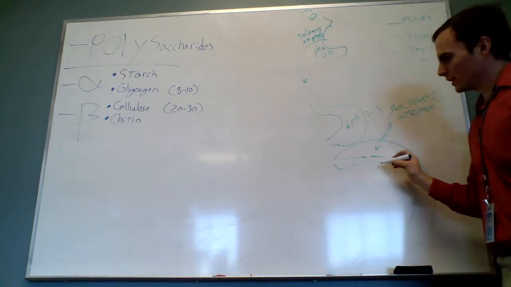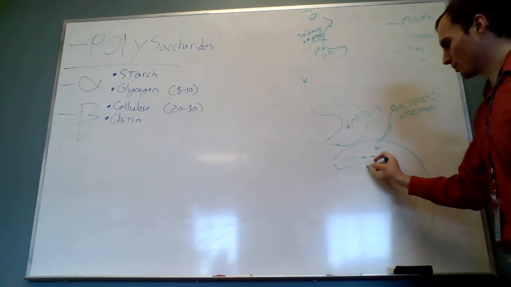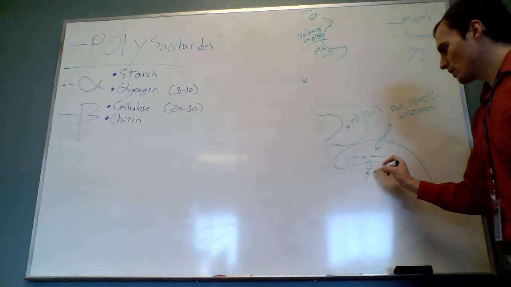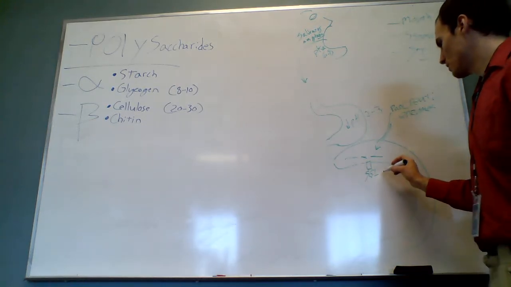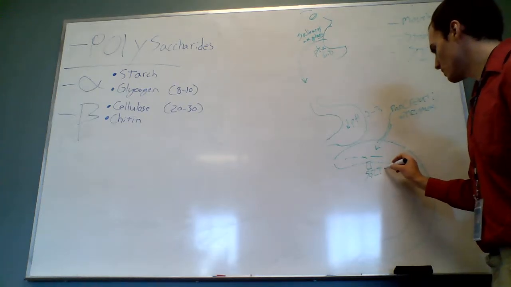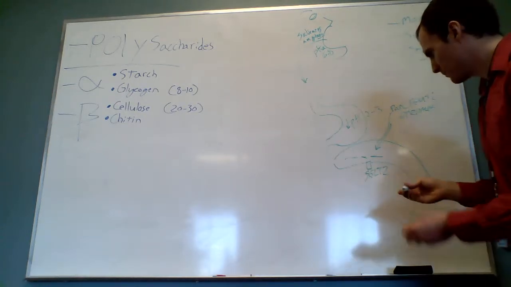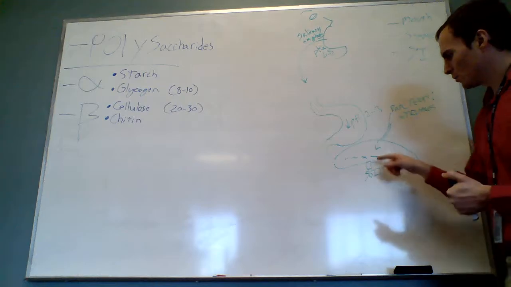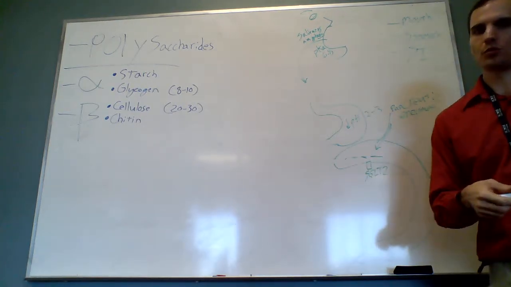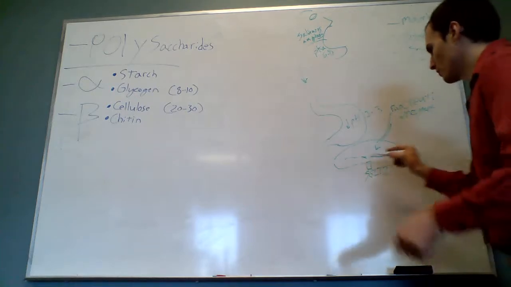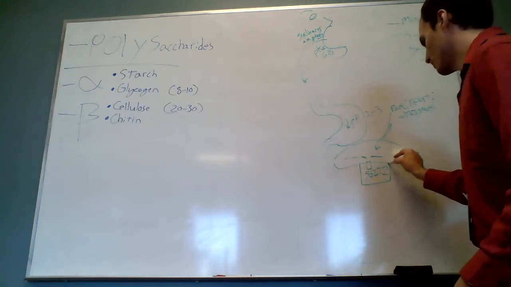And those single units, we are able to use a transporter, which is called SGLT2, which transports monosaccharides into the blood. And it goes via, here's a cell.